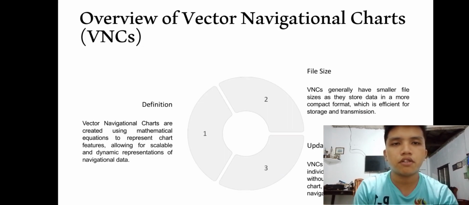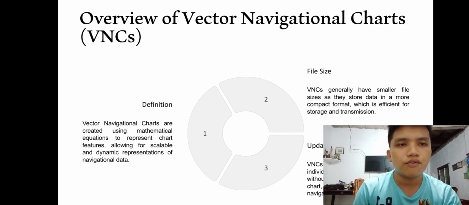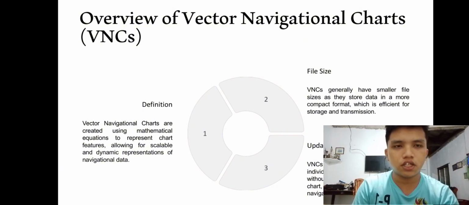So let's talk about the vector navigational charts. This is the overview. Vector navigational charts are created using mathematical equations to represent chart features, allowing for scalable and dynamic presentations of navigational data. File size: vector navigational charts generally have smaller file sizes as they store data in a more compact format, which is efficient for storage and transmission.